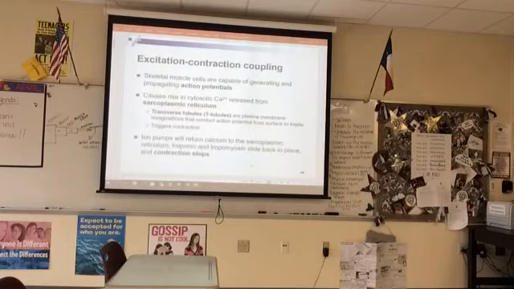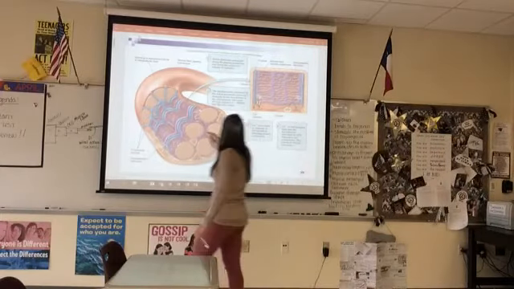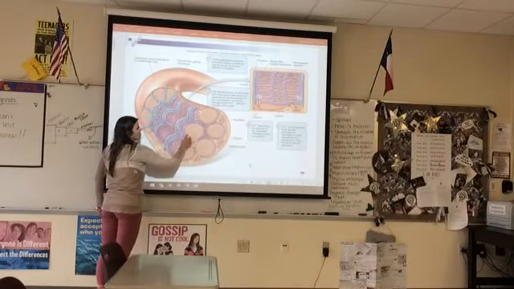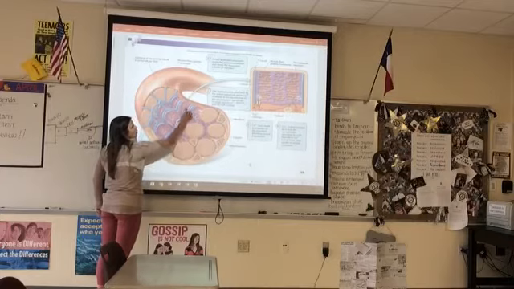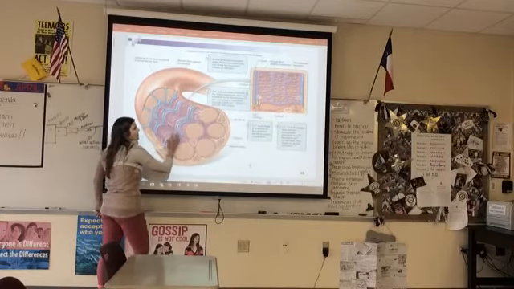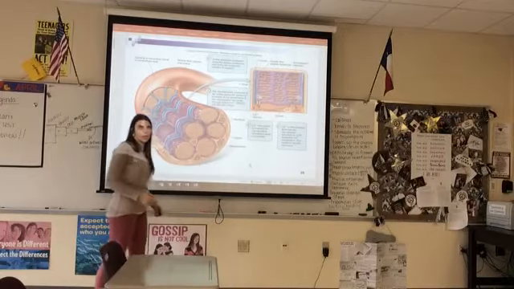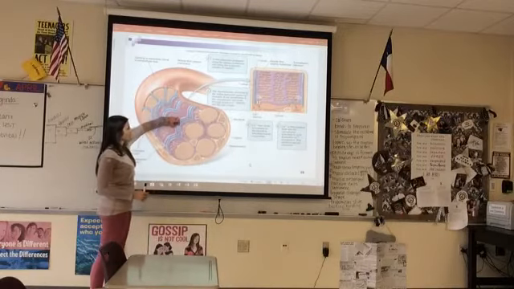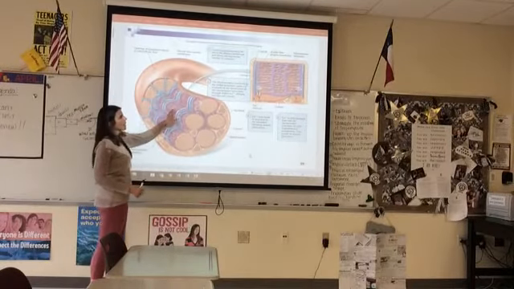Let me show you what this looks like. Here's my individual myofibril. So I have multiples here. And these purple tubes that are surrounding them, this is it folded out. That's our sarcoplasmic reticulum. So the sarcoplasmic reticulum surrounds each myofibril at its sarcomere. And that's where the calcium is stored.